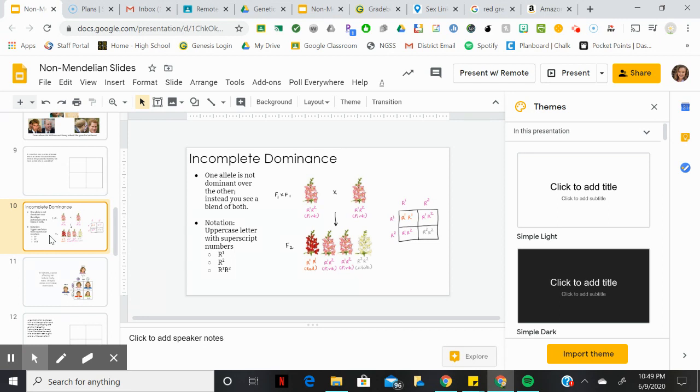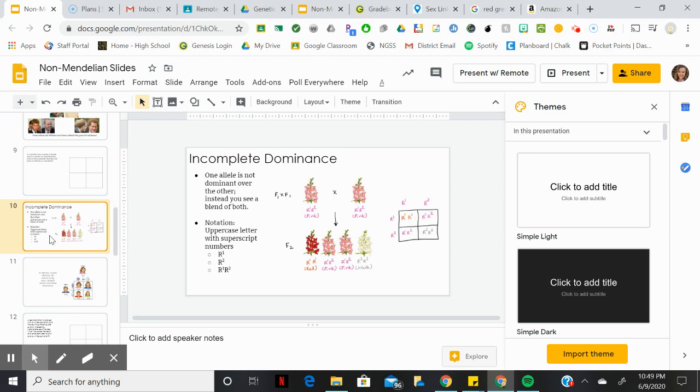There are cases in nature, however, where neither allele is completely dominant. So a perfect example is in the flower known as a snapdragon. Snapdragons can be red, white, or pink.